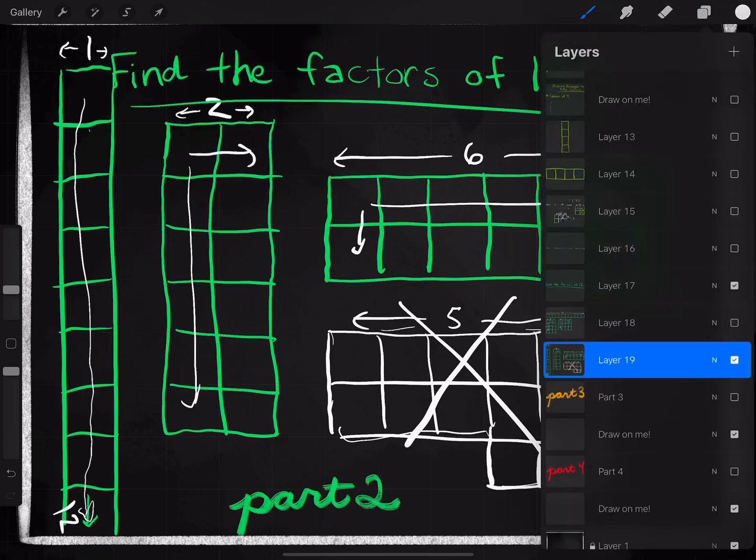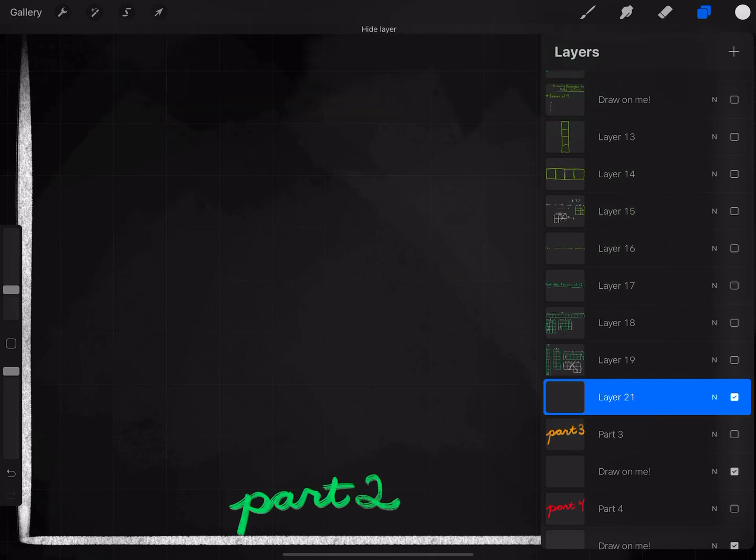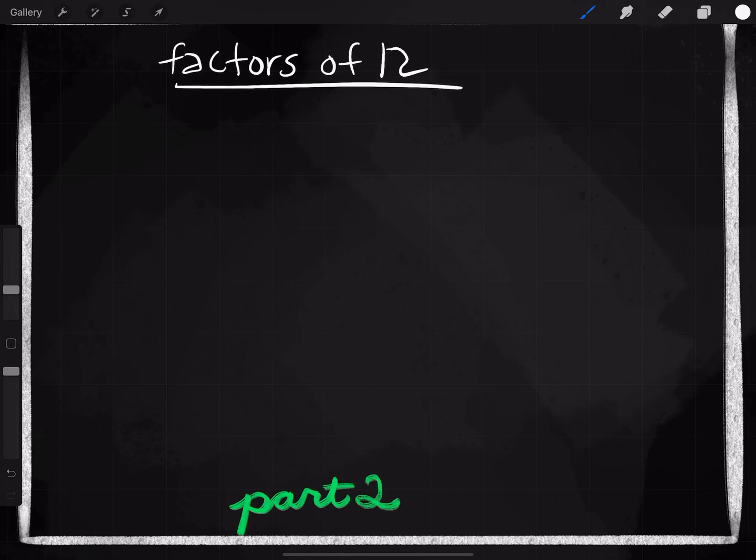There's one more thing your book points out, which is, let's say I want to find, again, the factors of 12. And I said, well, maybe 13 could be a factor of 12. Let me draw.